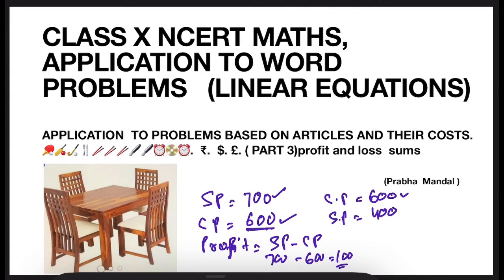Now, here the CP is more, so CP minus SP. Then you got what? Loss, because you bought for 600 and you sell for 400. That means 200 is your loss. Okay. So, like this you can find the loss and profit also.